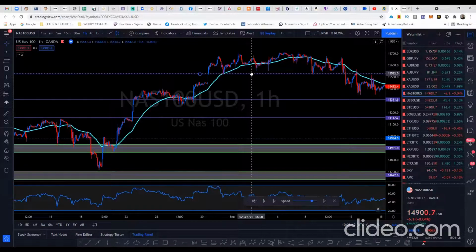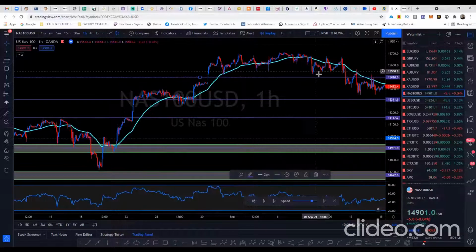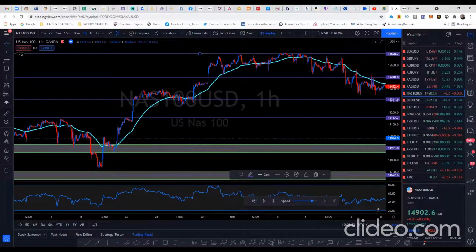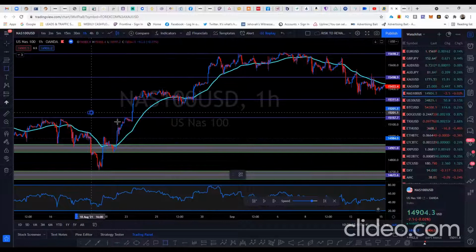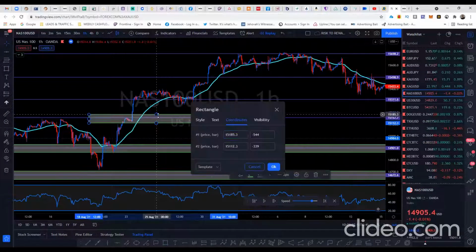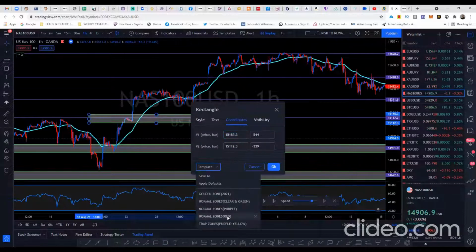Might actually move this down to the wicks here, then put it up to here. And draw the zones. So the zones here, I'm going to make these red.